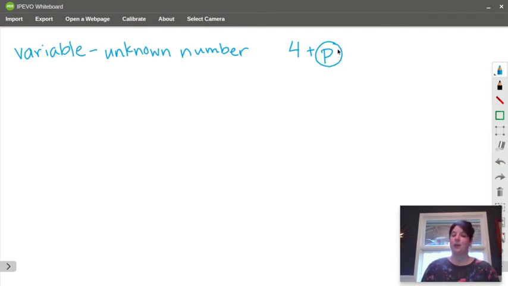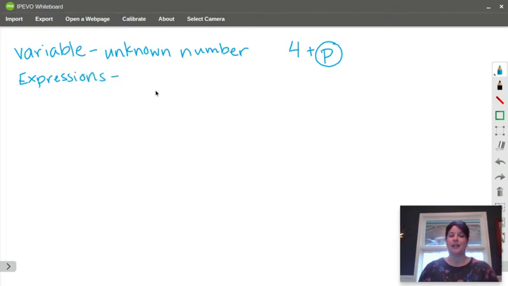So in algebra, we call that unknown number a variable, and we use a letter to stand in the place for it. It doesn't matter what the letter is. The letter doesn't mean anything except that we don't know what the number is. So we're going to be working with problems with variables today, but we're not going to be doing equations or anything like that. Today, we're going to be doing just expressions.